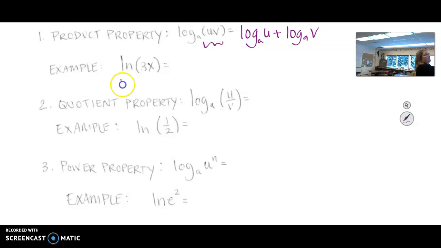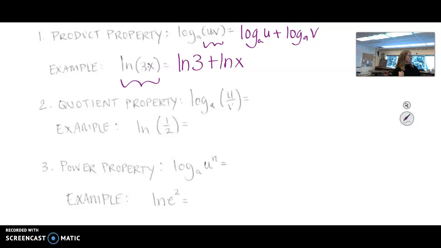So for example, if you had ln of 3x, our base is e, so we can split this up, and sometimes you may want to do this, and sometimes you might want to go in the reverse and put it together as a product. So the natural log of 3, if I use the product property, plus the natural log of x is equivalent to ln of 3 times x.